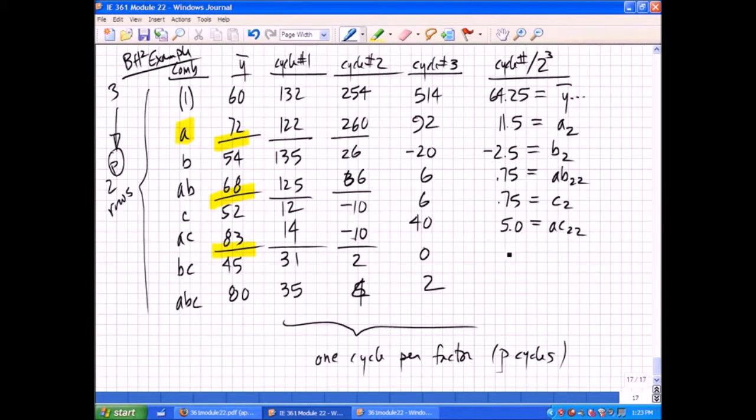0 over 8 is 0. That is BC22. And finally, 2 divided by 8 is a quarter. And that is ABC222. That's a very slick little trick.